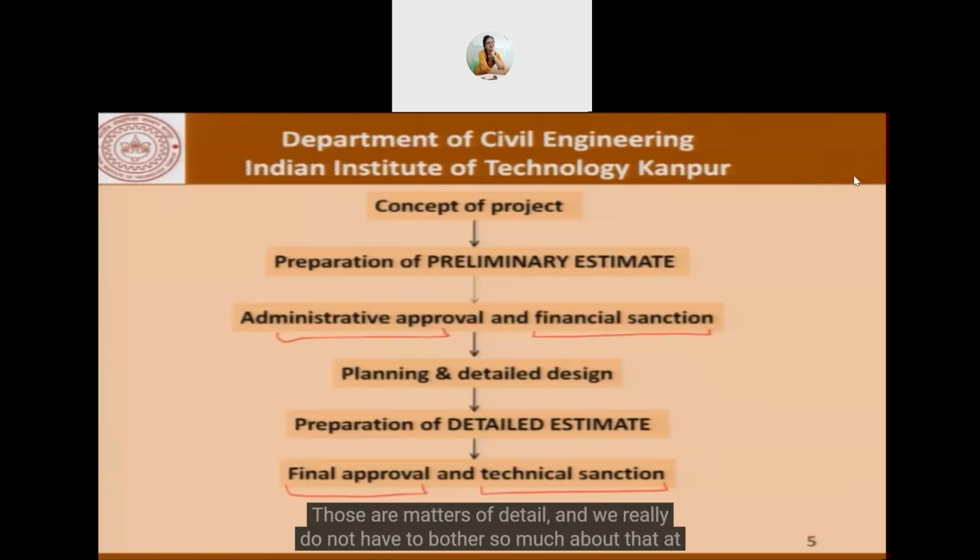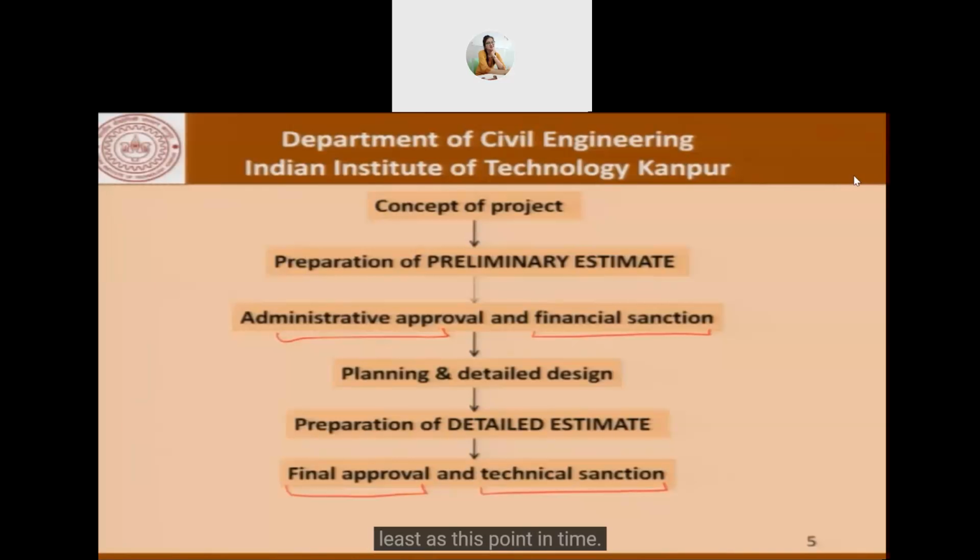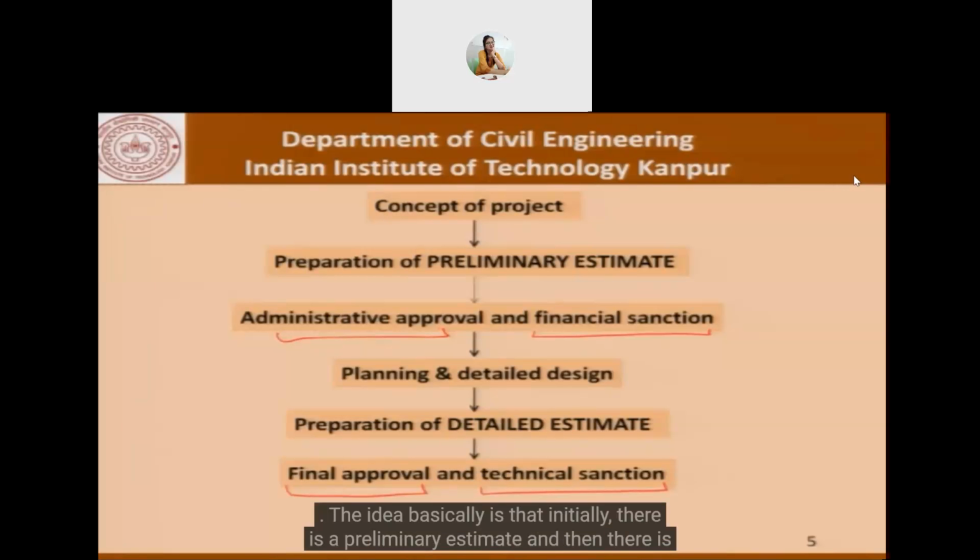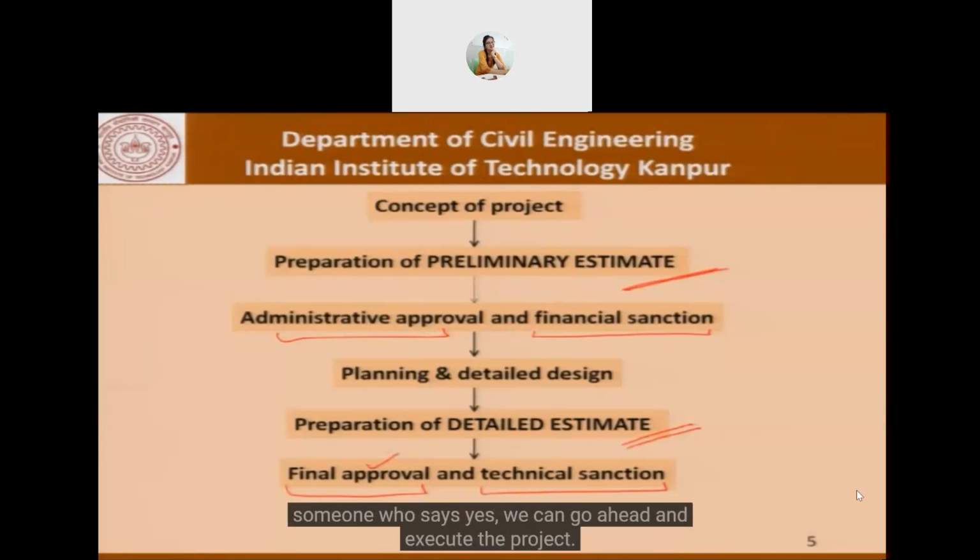But those are matters of detail, and we really don't have to bother so much about what terminology is used. The idea basically is that initially there is a preliminary estimate, then there is a detailed estimate, and before we go to the site, we need to have a final approval from someone who says, yes, we can go ahead and execute the project.